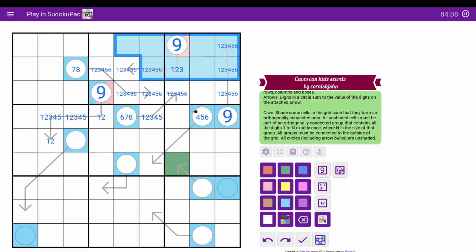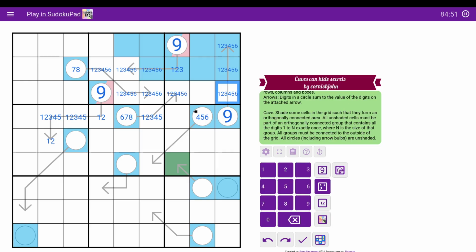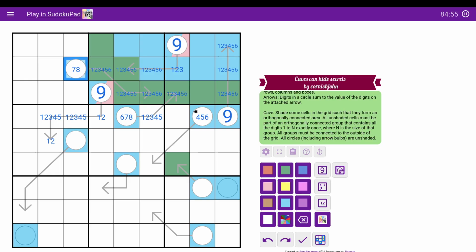It has to be this, right? Cannot go out further here, here, here, here, here, or here. Now these must connect. If this doesn't work at all. Okay.